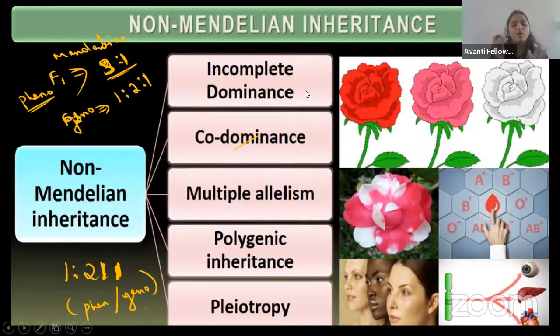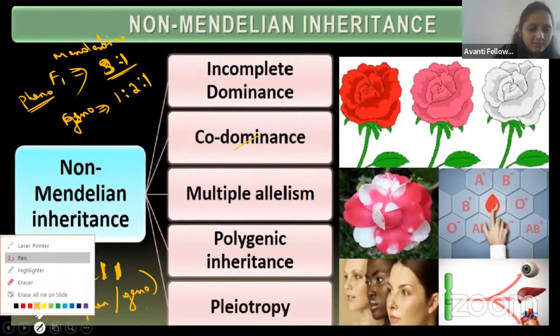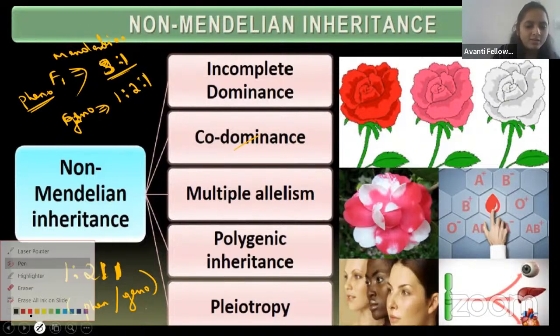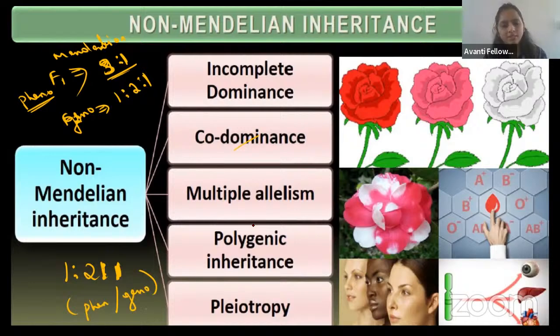So which are the non-Mendelian inheritance? Always remember incomplete dominance. What happened in the incomplete dominance, guys? For example, take a white color flower and a red color flower. The red color flower is dominant, but it will not completely dominate the white color.